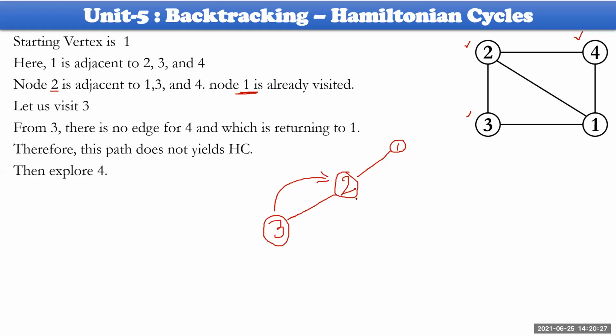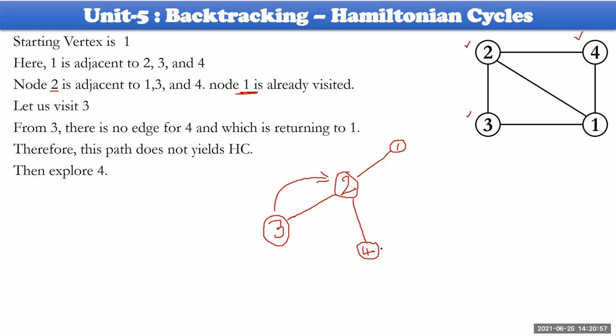Now 2 is adjacent to 3, 1 and 4. 3 is already visited, 1 is already visited. The only one left over here is 4. So select 4 here. 4 has been selected. 4 is adjacent to 2 and 1, and there is no direct path from 4 to 3.